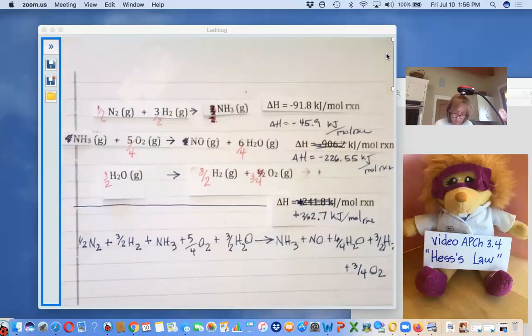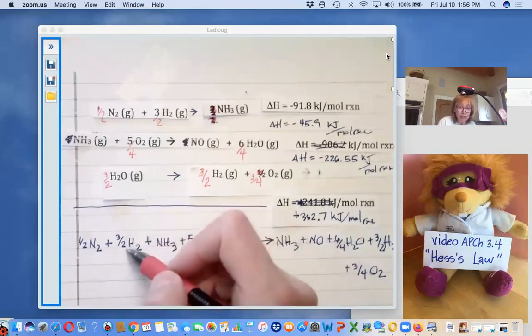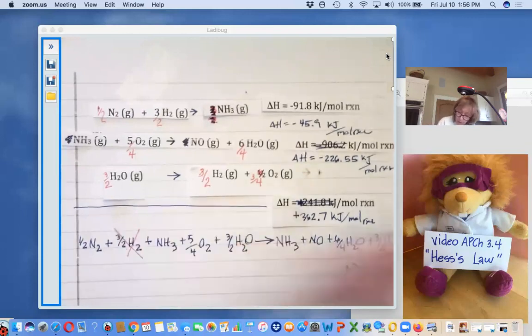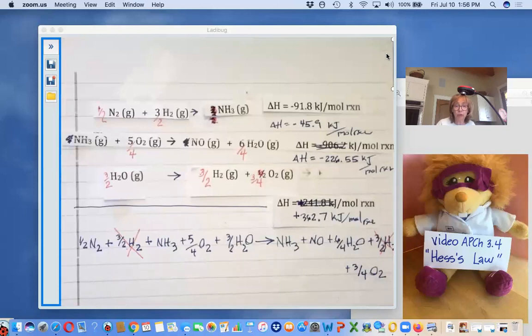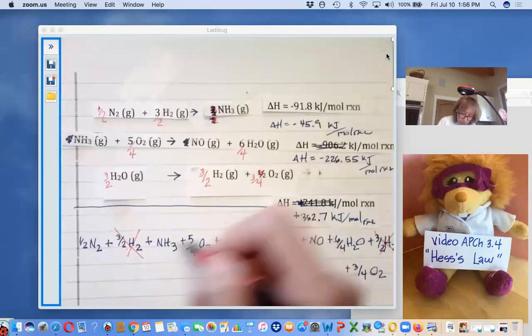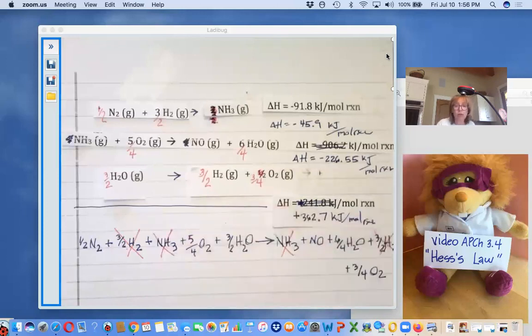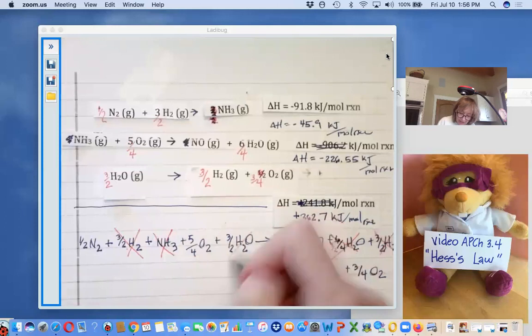Okay. 3/2 hydrogen on both sides of the equation, subtracted out. NH3 on both sides of the equation, subtracted out. 3/2 water and 6/4 water. 6/4 is the same as 3/2. Get rid of those guys.